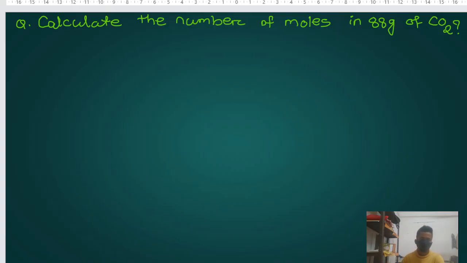Okay, so the number of moles is being asked, and 88 grams of carbon dioxide is given. So first of all, write the given things. Okay, what is given? The mass of carbon dioxide is given, so you can write here mass of CO2, that is 88 gram.